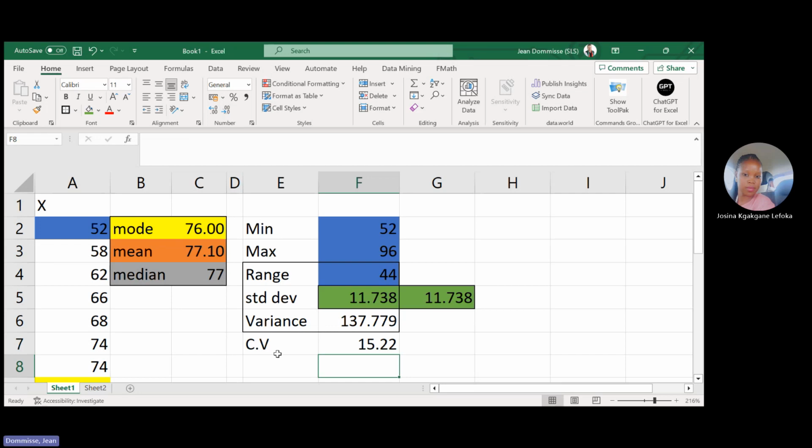Okay, so we basically have covered all of those things except for your quartiles and then your interquartile range.